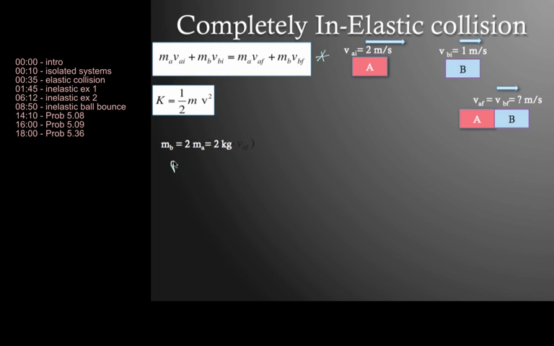So our initial momentum is going to be equal to mass of car A times VA plus mass of car B, VB initial. So we can use what we know.